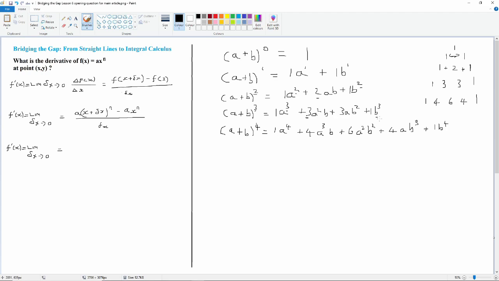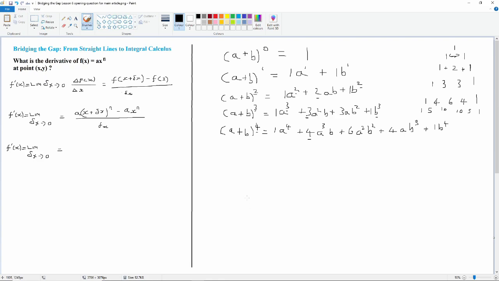So (a + b) to the power 5 would be a 1 and then a 5 and then a 10 and then another 10 and then a 5 and then a 1, and then we would follow the same pattern. But again, notice that this is raised to the power 4 and this coefficient here is a 4, and the a terms go down by 1 each time and the index of the b terms goes up by 1 each time.